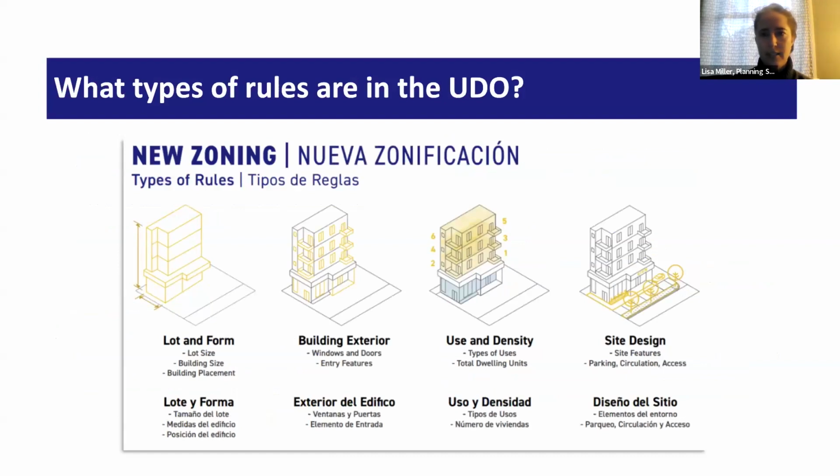All right. So we wanted to share just a little bit more detail about some of the kinds of things that zoning regulates, and show some illustrations of how those show up on a site or building. The lot size, the building size and form, and where a building sits on that piece of property, how far away from the street.